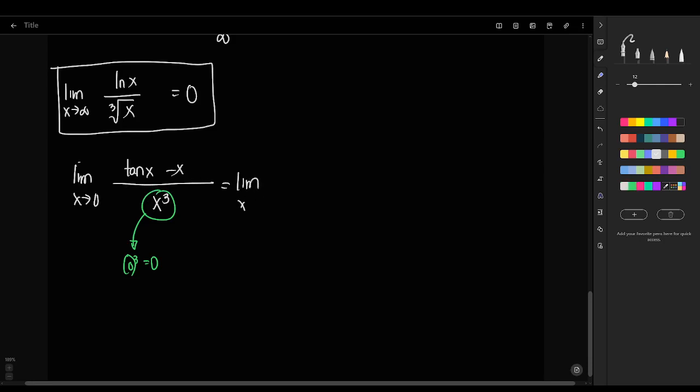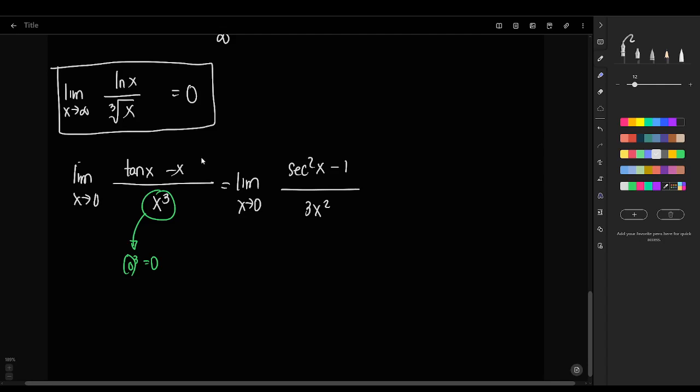So the limit as x approaches 0. This gives you the derivative of tangent x, which is secant squared x, minus 1, all over 3x squared. The way that you differentiate this is very different, because when you differentiate a rational expression you may be using the quotient rule, but since we are applying the limit notation, this is just how L'Hospital's rule is applied with limit functions.